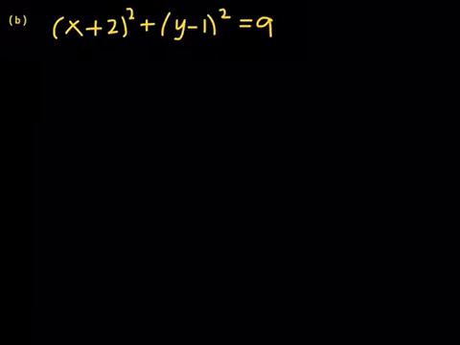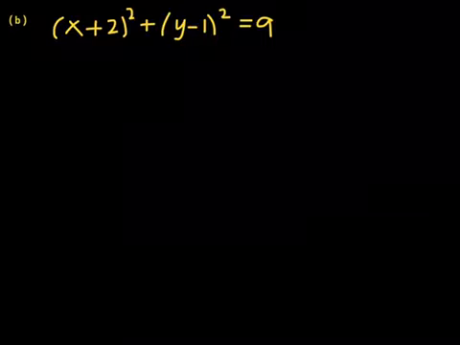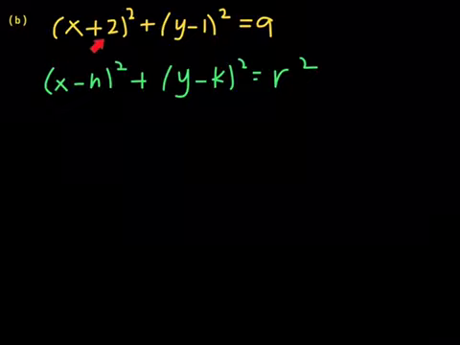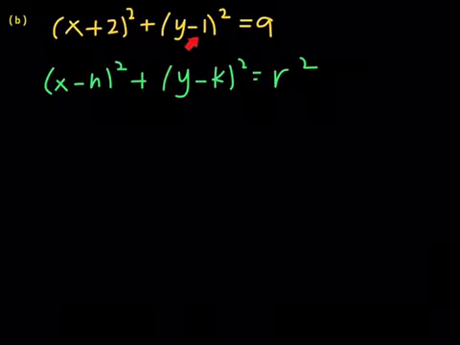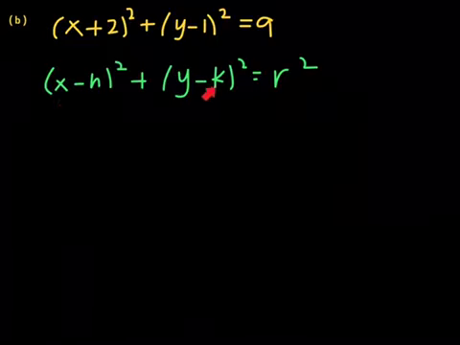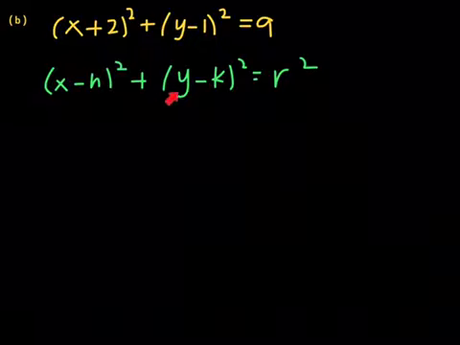Here's our next example. Let's not forget what the instructions said. The instructions said to find the center and the radius for the circle, all right? Now, this says (x plus 2) quantity squared plus (y minus 1) quantity squared is equal to 9. Now, what I want you to notice is that in the standard form, which I've written in green here just to remind you, you have x minus h, you have y minus k.